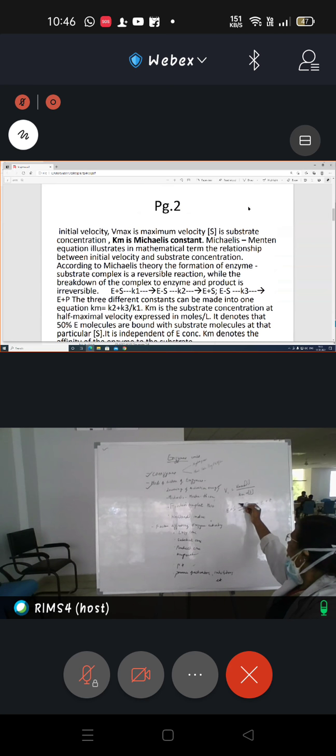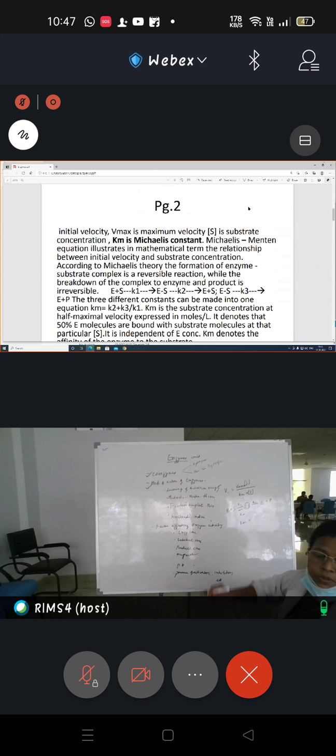And this is K2. Km is equal to K2 plus K3 divided by K1.